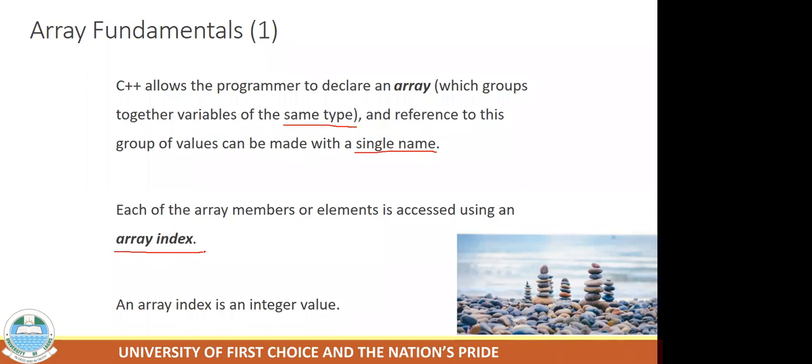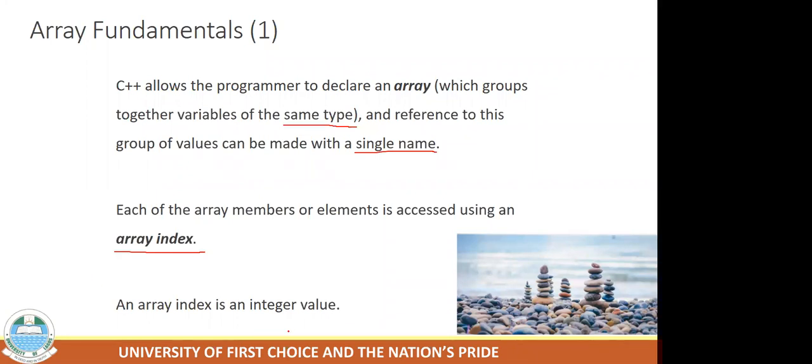Just like in your family, you might have 5 kids, all bearing the same surname, but we reference each of you using an index. You can say firstborn, secondborn, thirdborn, fourthborn, fifthborn. So though you are all using the same name, the positioning allows you to contact each element of the array.